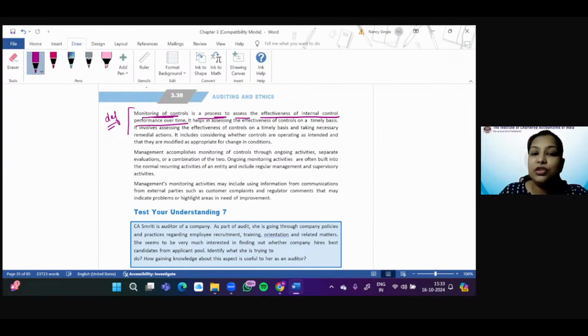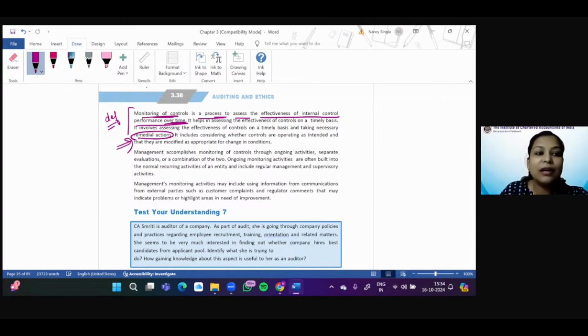So it is a process to assess the effectiveness of internal control performance over time, right? Why? Because if it is not working in an effective manner, then remedial actions can be taken. Then only I can see, if I ask you a question and you are not able to answer with respect to the first chapter, then I'll repeat it: students, it is necessary for you that before coming to this session, you need to do whatever we have done so far.